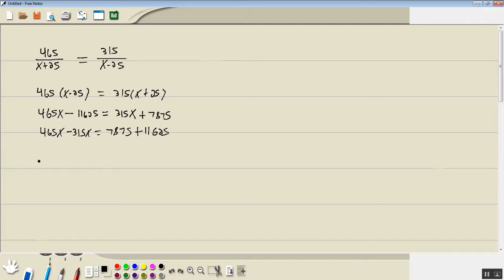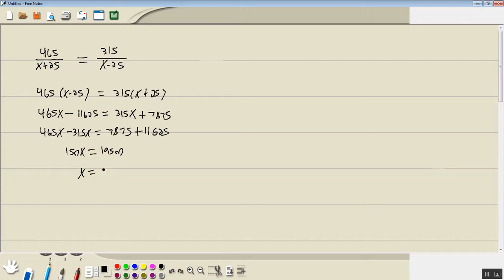465 minus 315 gives us 150x. 78.75 plus 11,625, 19,500.